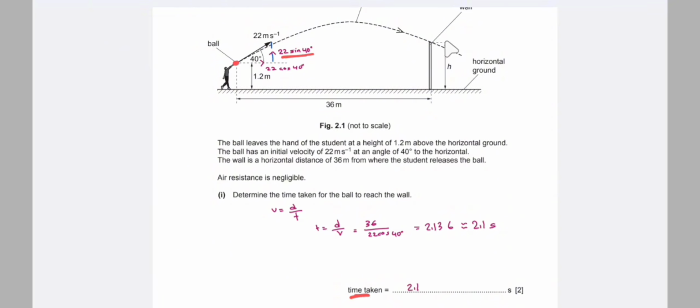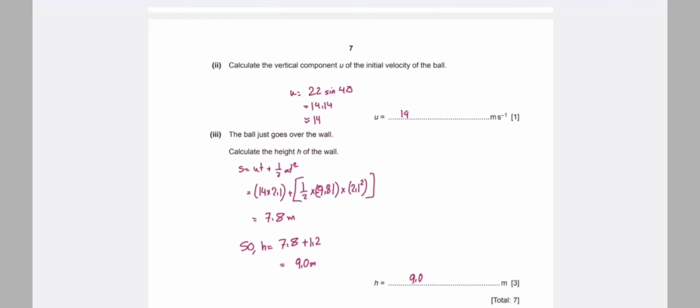So from this point to this wall, whether in the horizontal direction or in the vertical direction, the time is the same. That is, from this point to this point, the time taken is 2.1 second. So we know the value of time, we consider the height as h, and we know the vertical component of velocity, that is 22 sine 40.